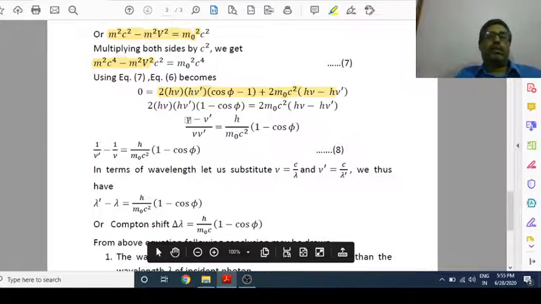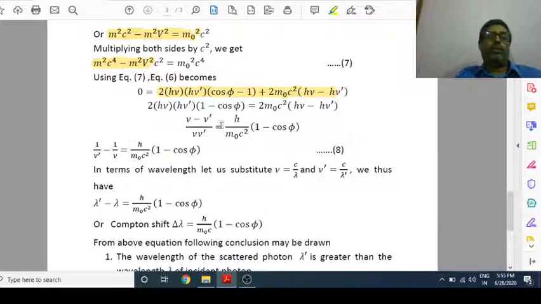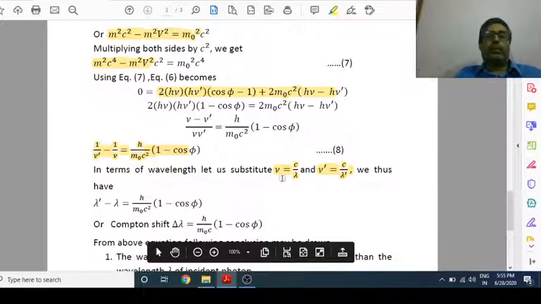And you can see that if you divide by nu nu dash, it will be 1 by nu dash minus 1 by nu, and the right hand side as it is. This is in terms of frequency. As you know, c is equal to nu lambda, and c is equal to nu dash lambda dash, before collision and after collision. So if we set the value of nu dash equal to c by lambda dash, in both the terms c will be common, which is taken here.